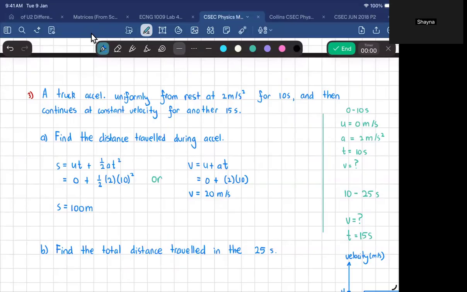Say that again. Which formula is that one to use? S equals U plus V, by T over 2.